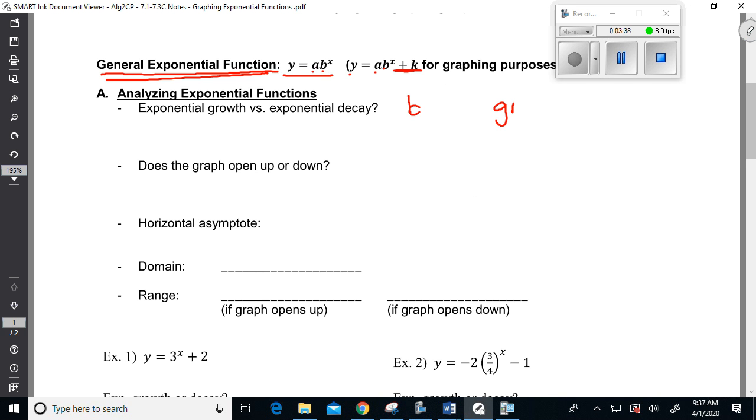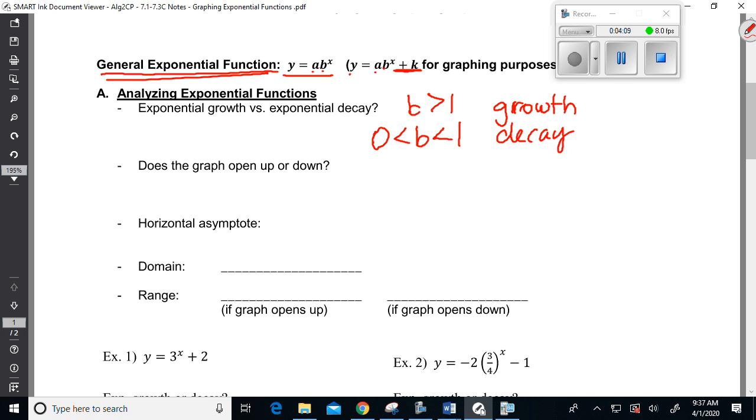If b is greater than 1, it is growth. If b is between 0 and 1, that's decay. Do remember those rules are different when it's natural exponential, so make sure you go back to your notes from Monday and refresh your memory on those.